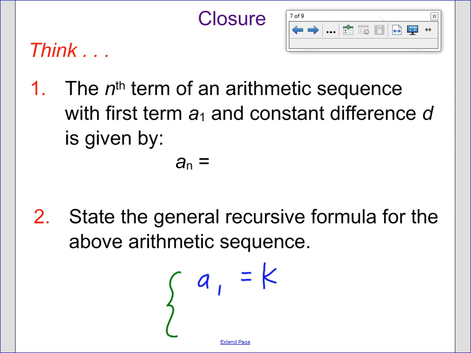Okay. Vivian, will you come down and complete number 1, please? Thank you. Danny, will you go ahead and complete number 2, please?